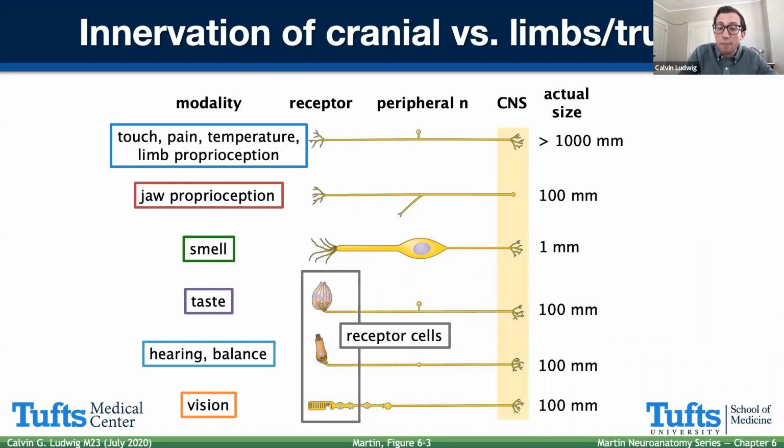Another thing is that most neural crest cells migrate peripherally and give rise to neurons whose cell bodies lie outside the central nervous system. However, the primary sensory neurons that mediate jaw proprioception, here in red, derive from a special group of neural crest cells that do not migrate from the central nervous system to the periphery.